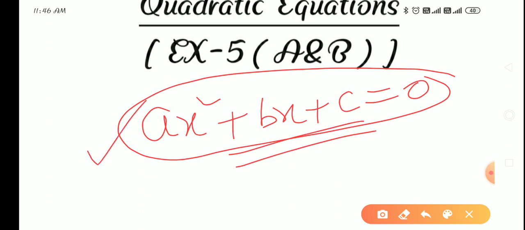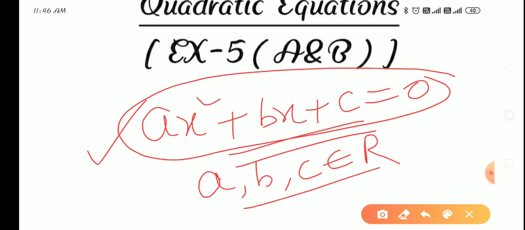It is the standard form of a quadratic equation: ax square plus bx plus c equals 0, where a, b, c are real numbers and a cannot be 0.